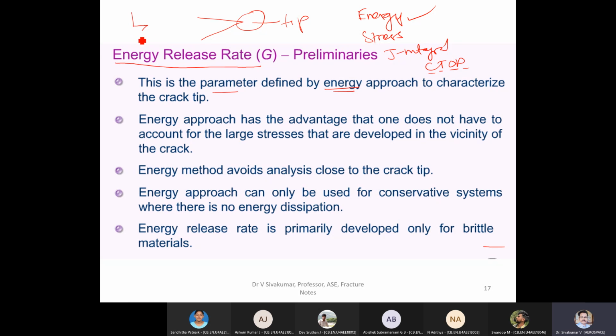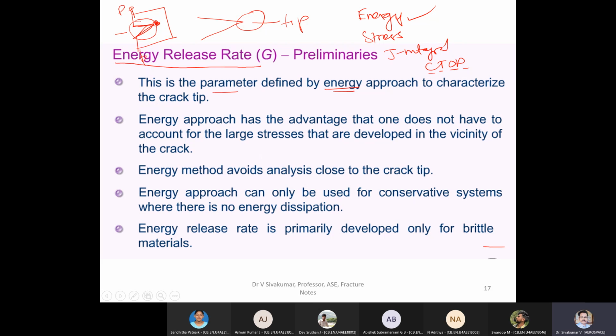Suppose you apply a load like this. So this is the crack. A crack is basically a line, but for visibility I have drawn it like this. So this is the crack tip.